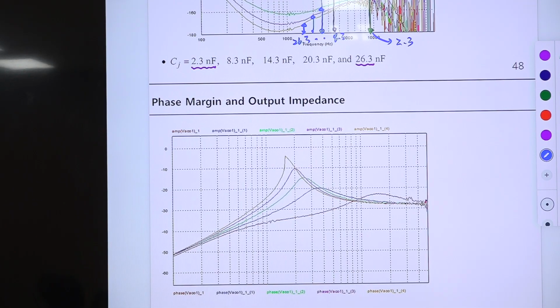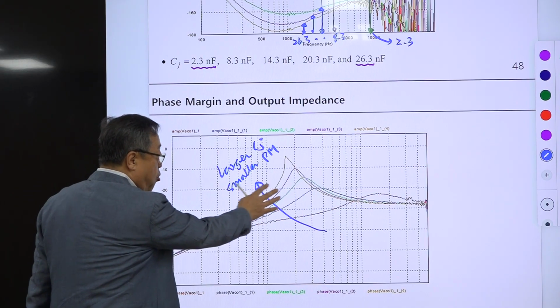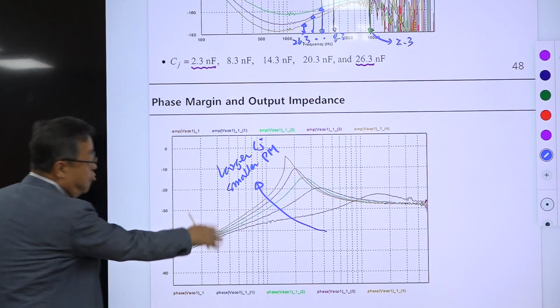So a larger CJ also generates a smaller PM, and the output impedance becomes more ugly here. This is the worst case among these five.